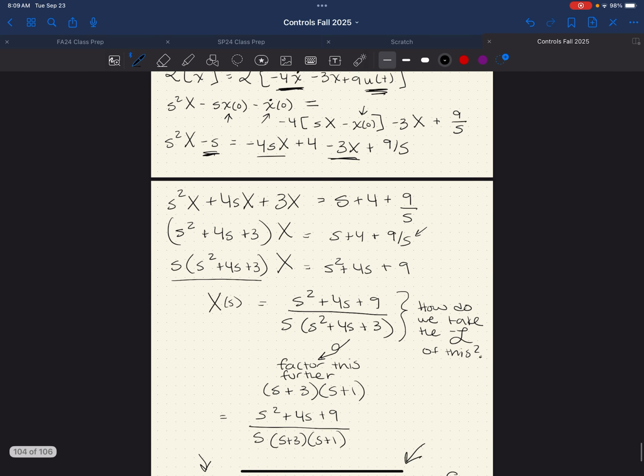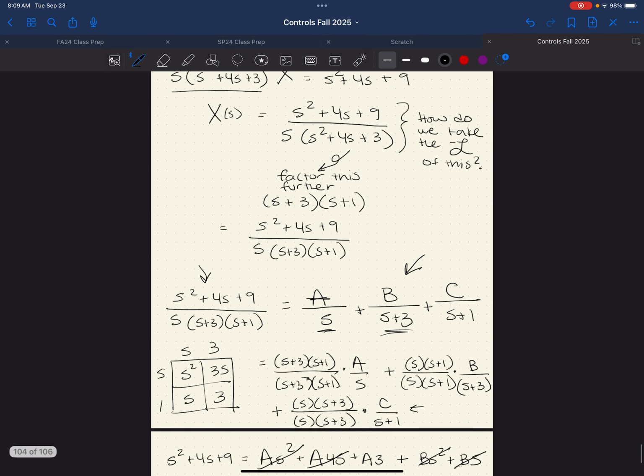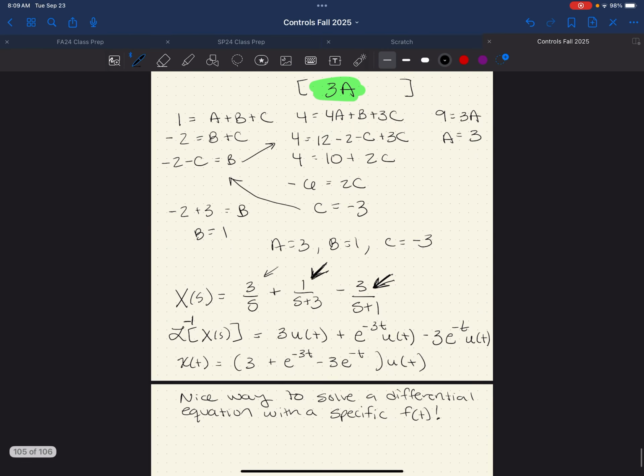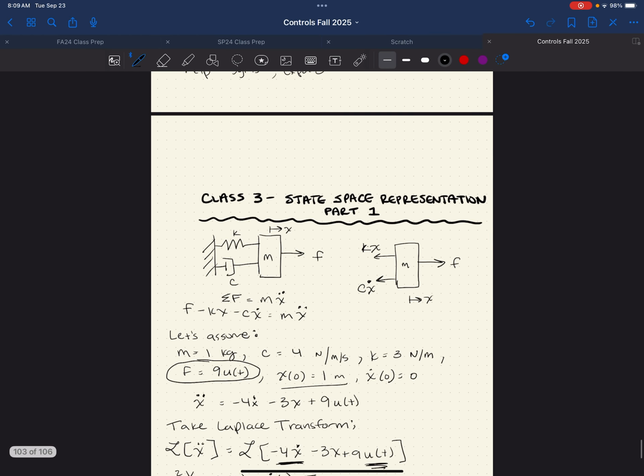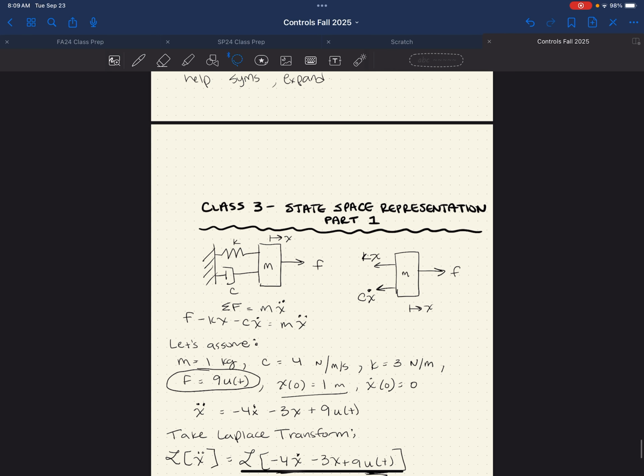Now let's look to see what would happen if we had not applied a specific forcing function. What if we took this same differential equation here, we'll copy that, and what if I had left it generic?